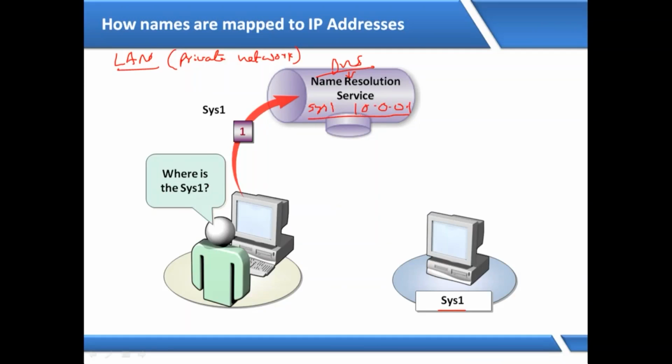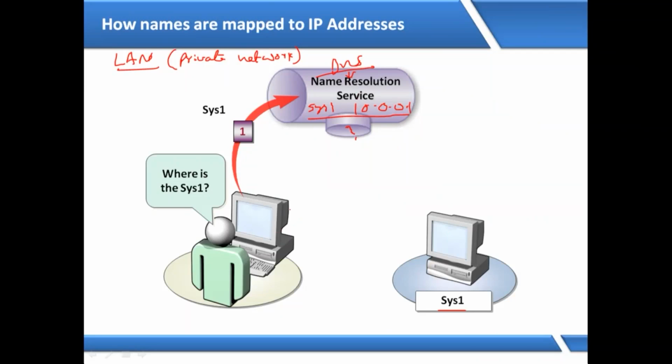Writing the entry of the system name with the IP address in the DNS server is called registration. Okay. So now we have to give the entry of the system name with the IP.